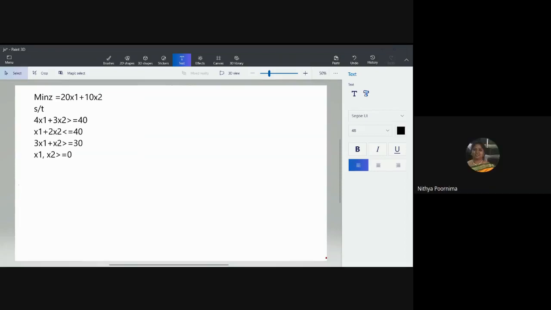Let's switch off this camera. Can you hear me? Am I clear? Yes, ma'am. Is my voice audible? Yes, ma'am. Okay. In the graphical method, what is the first step? First step, we define the variable. Okay.